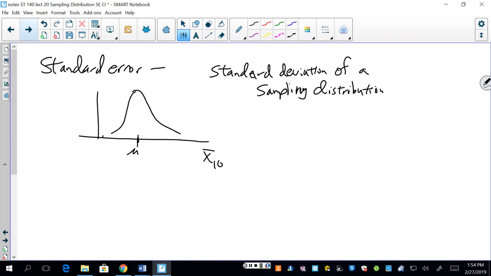And here's mu. Mu minus a couple standard errors up to the mean plus a couple standard errors. SE is going to stand for standard error. That is going to be about 95% of the interval. It's going to cover most of the range under that sampling distribution. So the sampling distribution is illustrated right there.